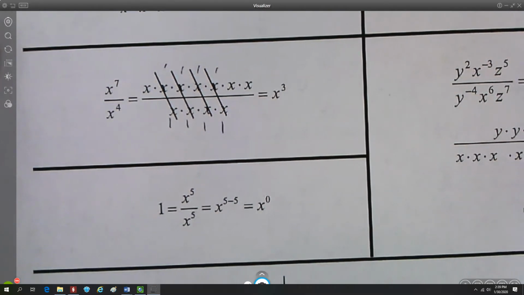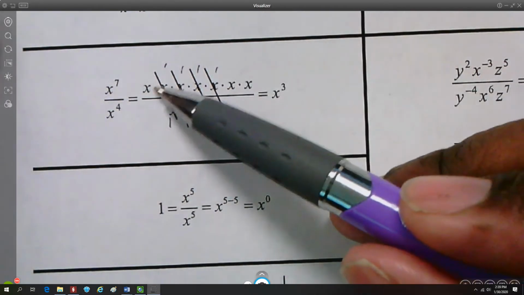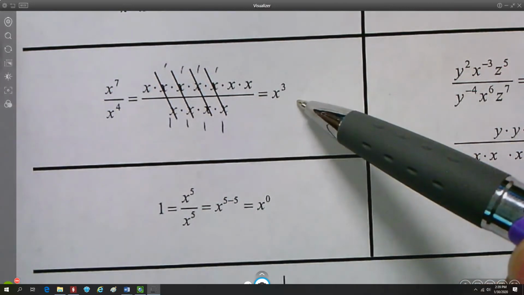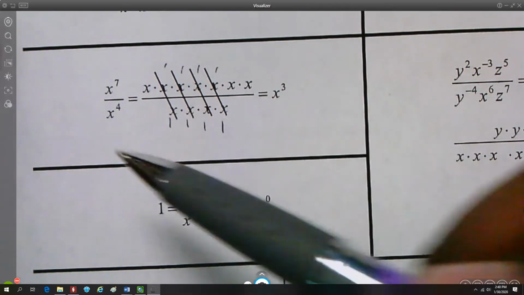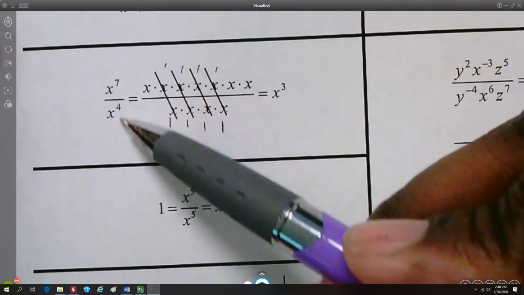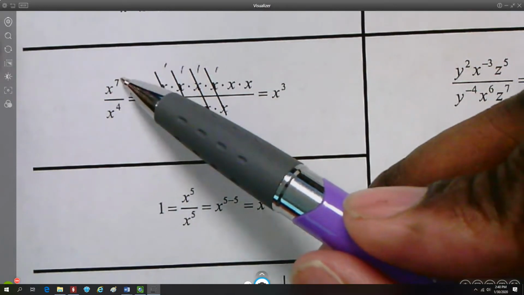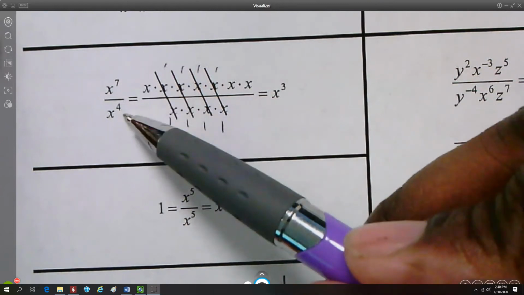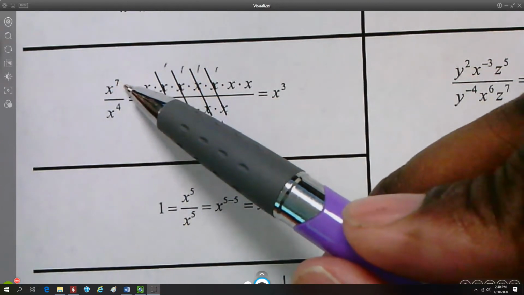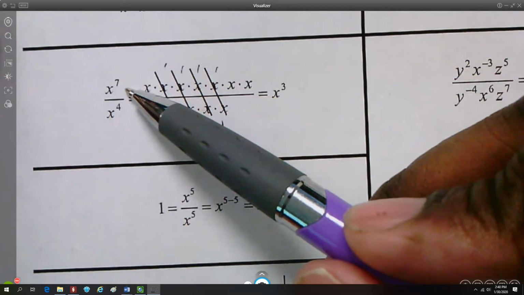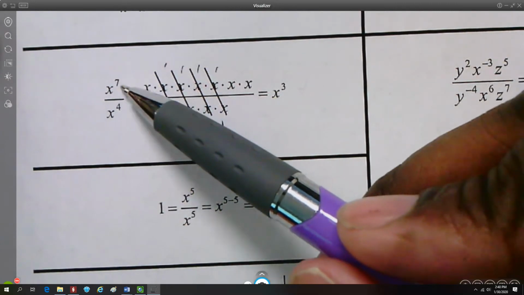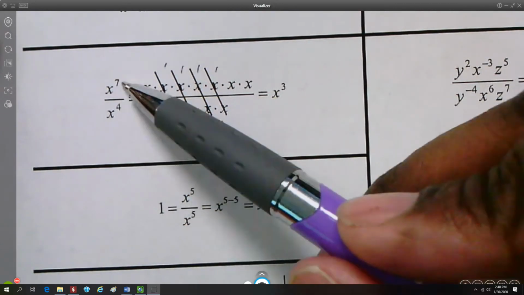What I have left is x times x times x, or x to the third. Our shortcut with this is, if I've got a variable divided by the exact same variable, I can simply subtract the exponents. So the difference between 7 and 4 is 3. I should know that x to the third should be on top of this fraction, because x to the seventh has a higher exponent and is at the top of the fraction.